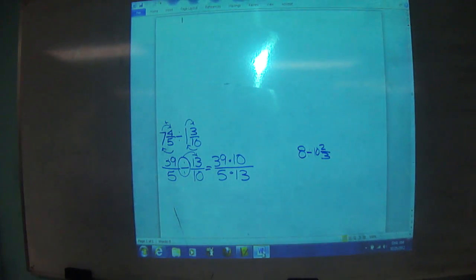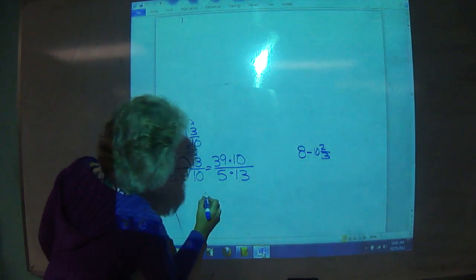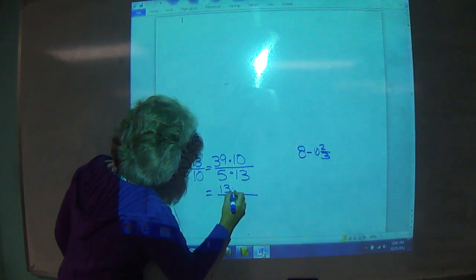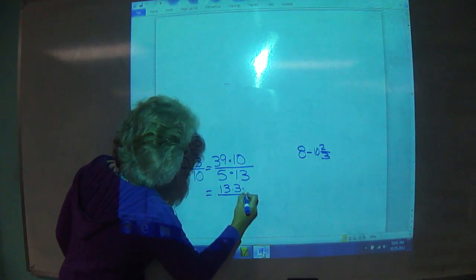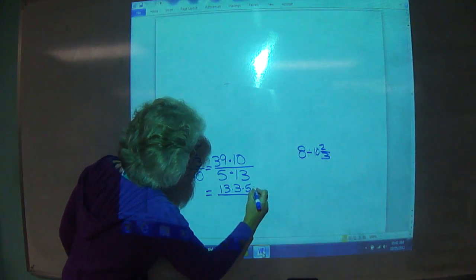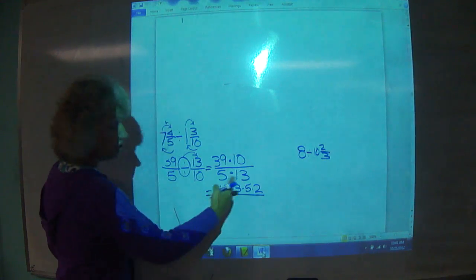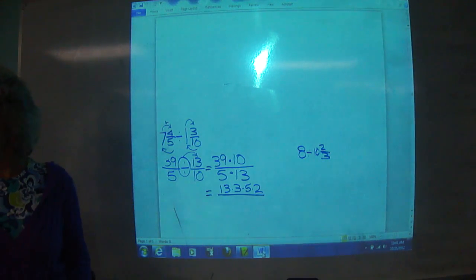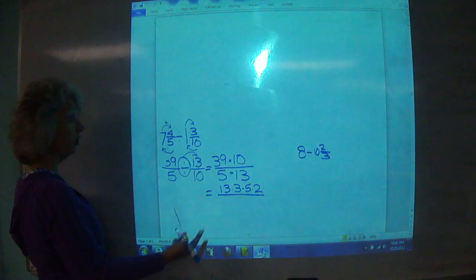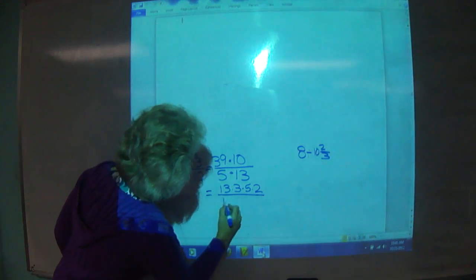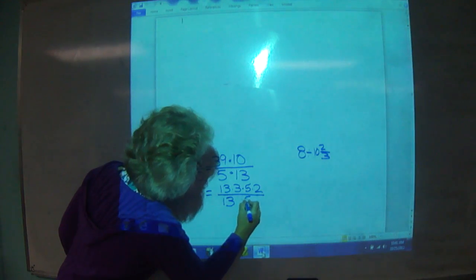Now, most people immediately start multiplying these big numbers. I don't. I'm going to say, I know 39 is 13 times 3, and I know 10 is 5 times 2. And because it's multiplication and I know the commutative property holds, I can say, instead of 5 times 13, I'm going to say 13 times 5.